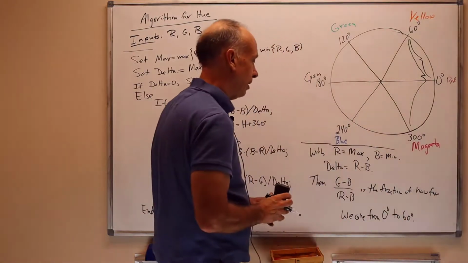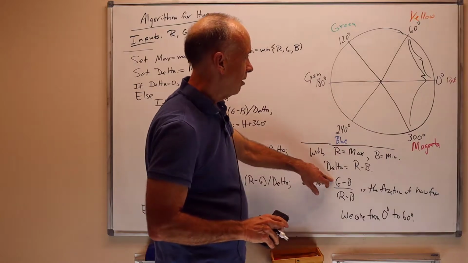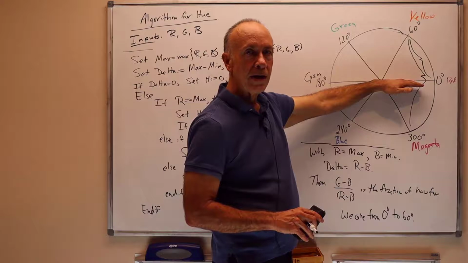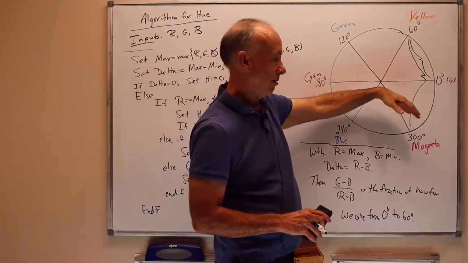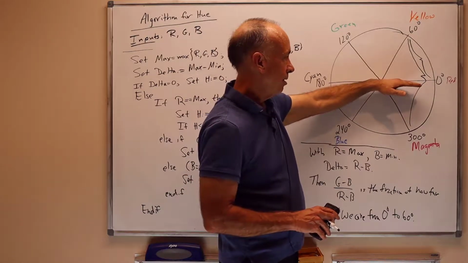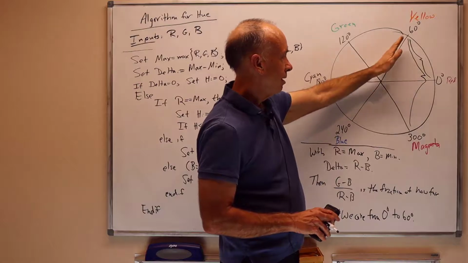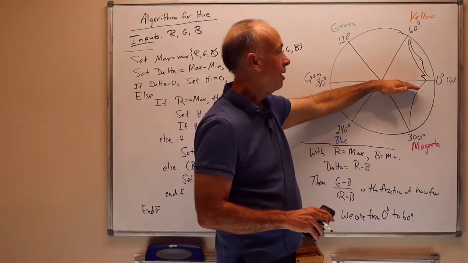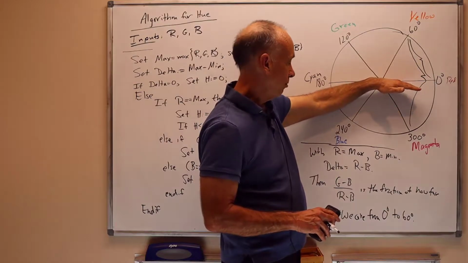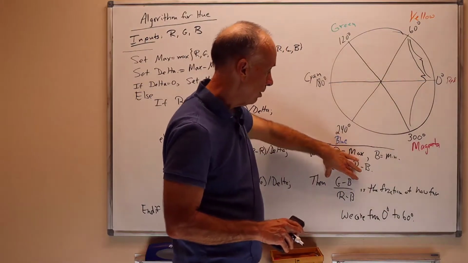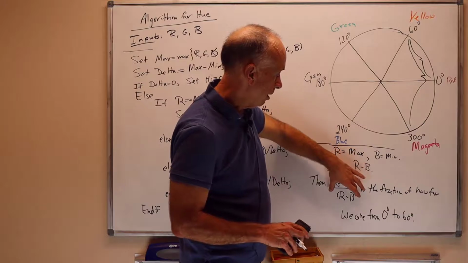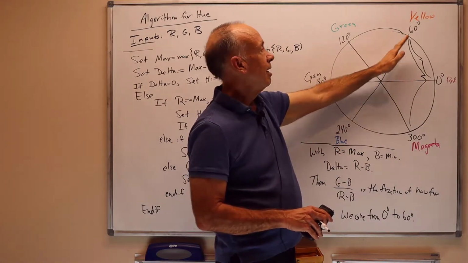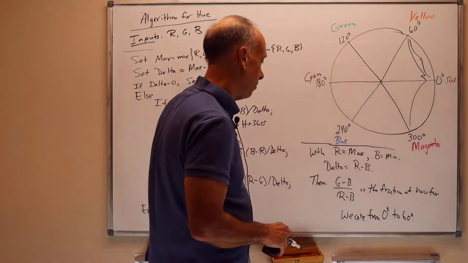So the idea being that if G minus B is 0, then the color is red, strictly red, plus equal amounts of red, green, and blue under that. And so the dominant color is red, and the green and blue are exactly the same value, so the color looks red there. As the fraction of green increases with G minus B increasing, once G minus B is equal to R minus B, then we have equal amounts of green and red, and so we're at 60 degrees.